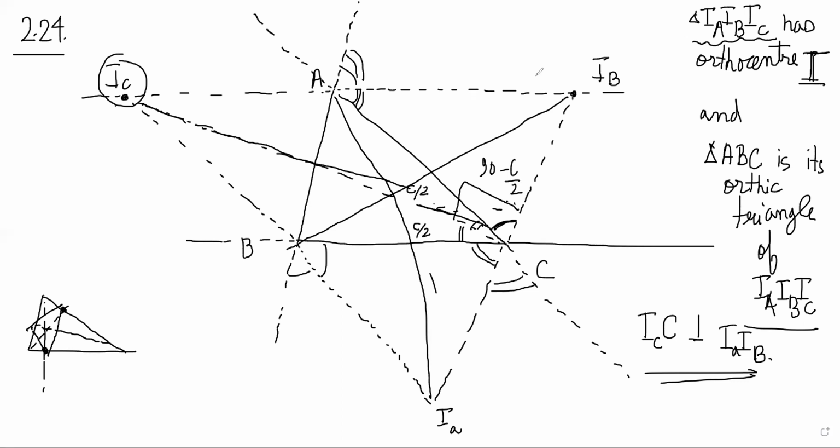Correct. What I'm saying is this line looks wrong because my figure is hand drawn and not accurate. But IAA has to be perpendicular to IBIC, right?